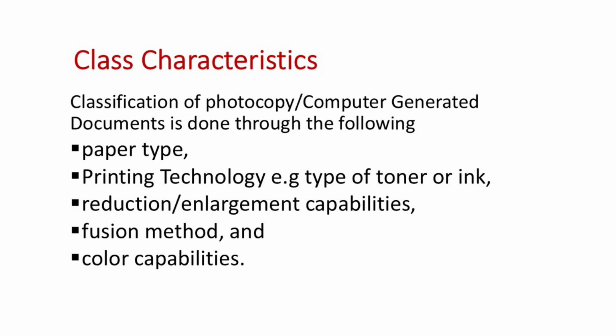The paper type. Paper type can determine the type of machine used to create it. For example, some papers cannot be used on some machines. That is, the size and thickness matter in the production of any photocopied or computer-generated document.